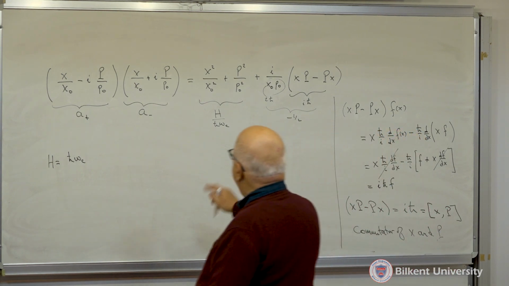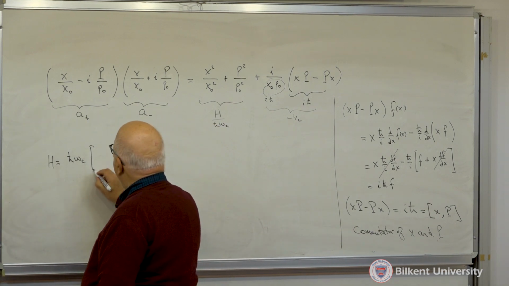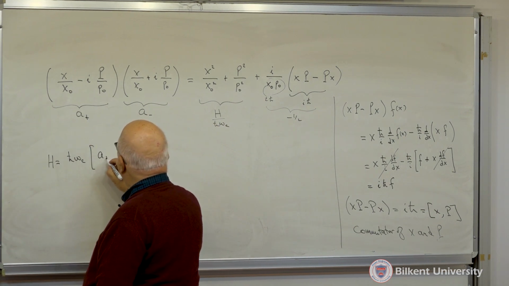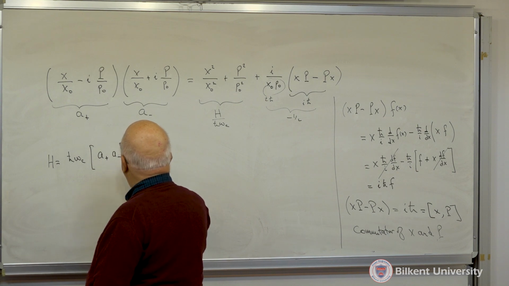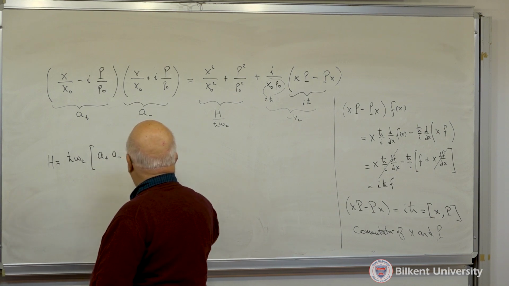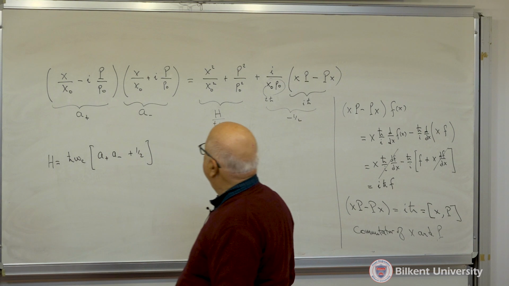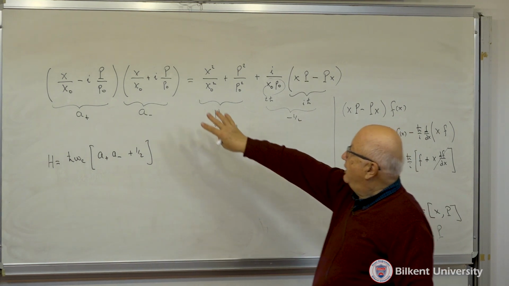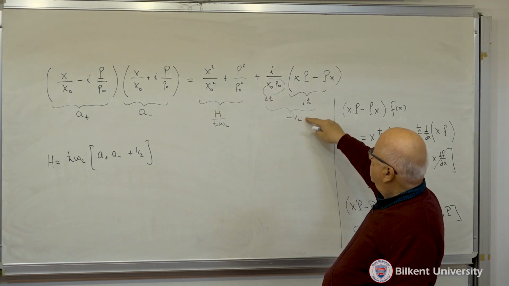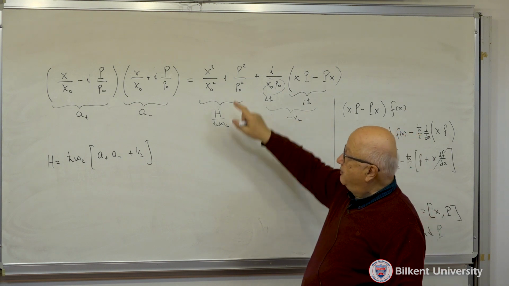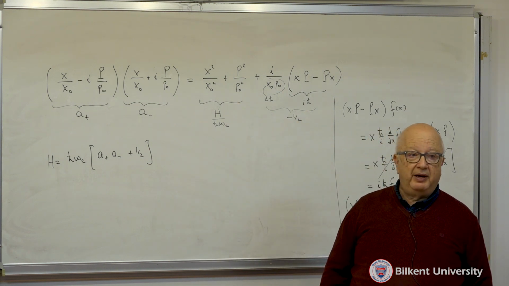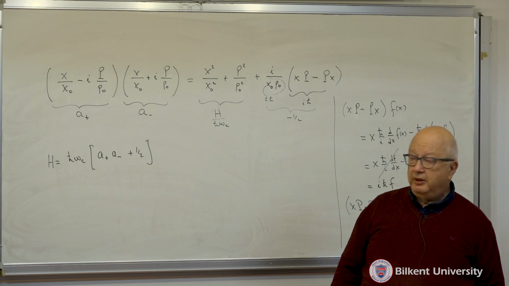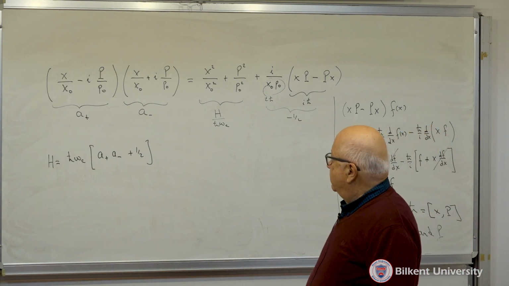And that is going to be equal to a plus a minus plus a half to cancel that minus a half. So if I just take this term, add plus half to it, I get my H back.